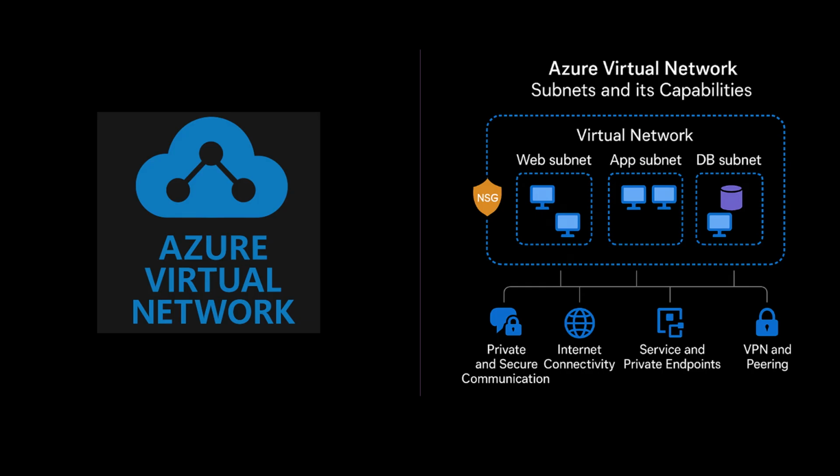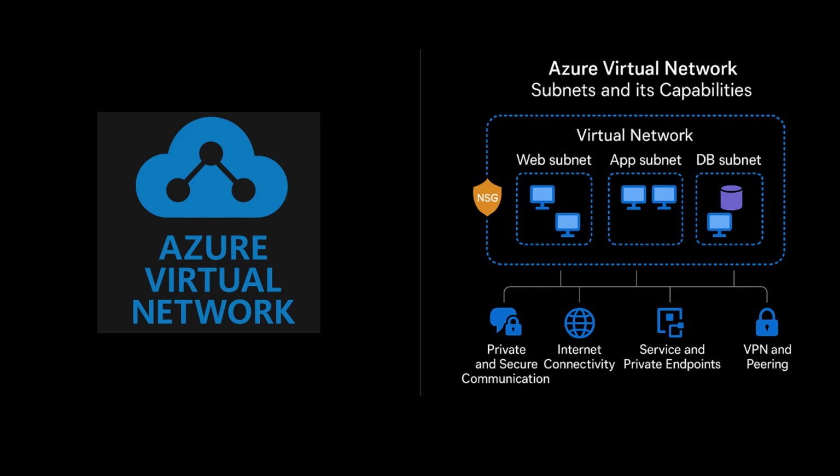Each subnet is associated with a portion of the IP address range of the VNet. Network security groups to allow or deny traffic, route tables to customize how traffic flows, and service endpoints or private endpoints for secure access to Azure services.